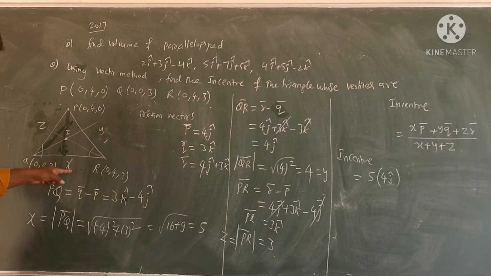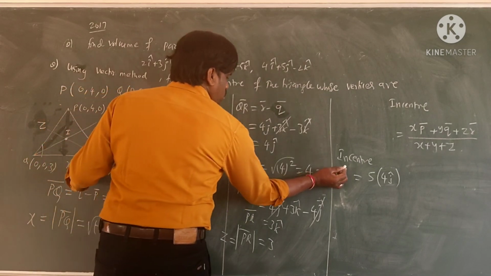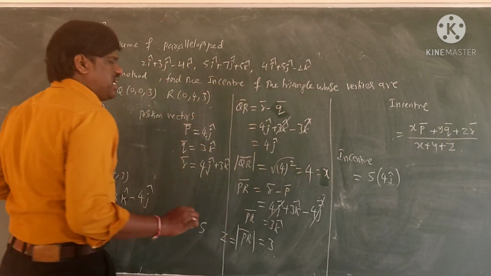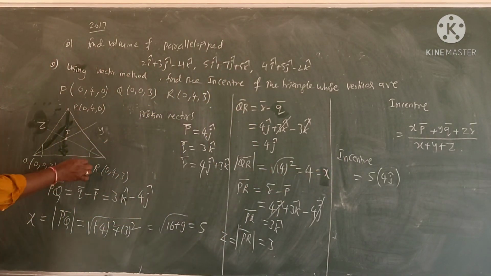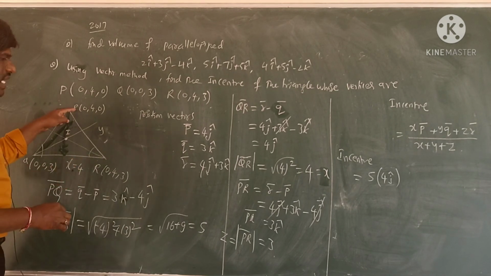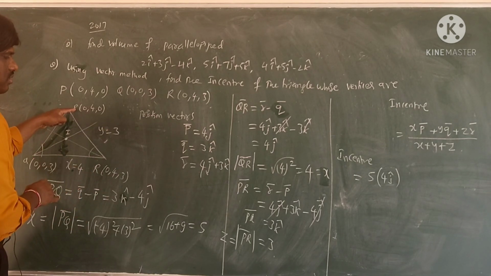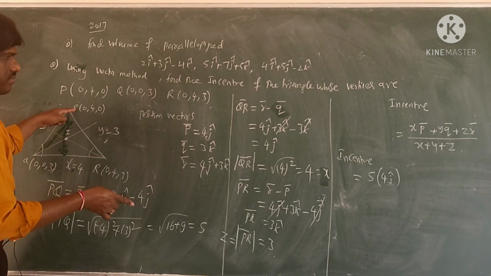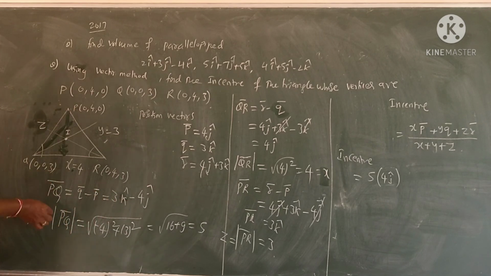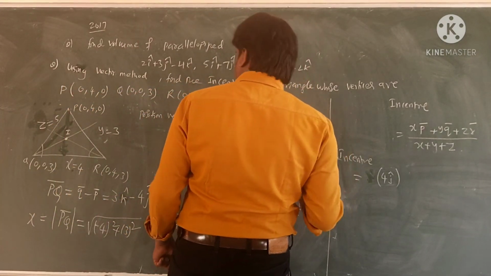Okay, QR is x. So we will do one thing, sir. First we'll find QR, how much? 4, right? PR is how much? PR is 3. And PQ is 5, right? Now you can apply. So X is what here?